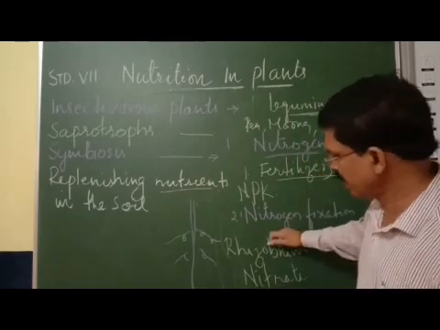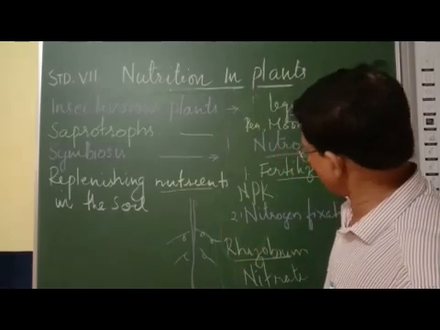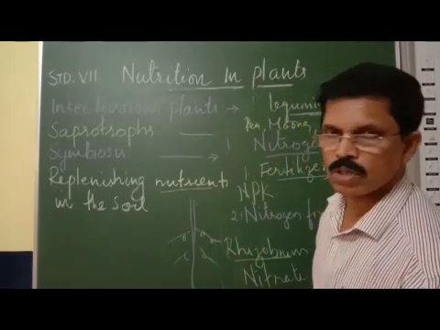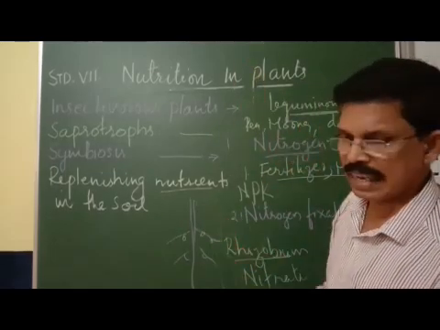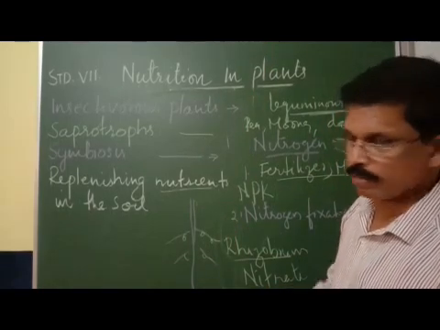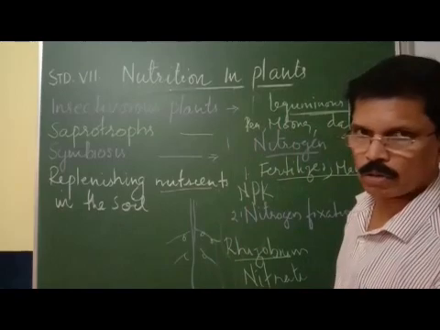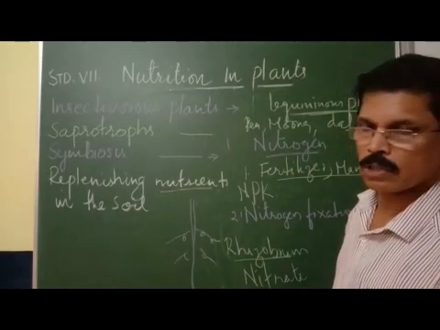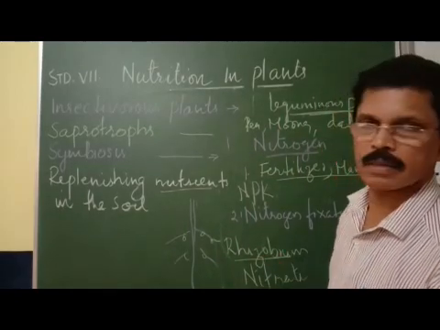Rhizobium bacteria living in the root nodules of the leguminous plants absorb the nitrogen and convert it into nitrate. So in such a soil in which leguminous plants are grown, there is no need of adding nitrogen.